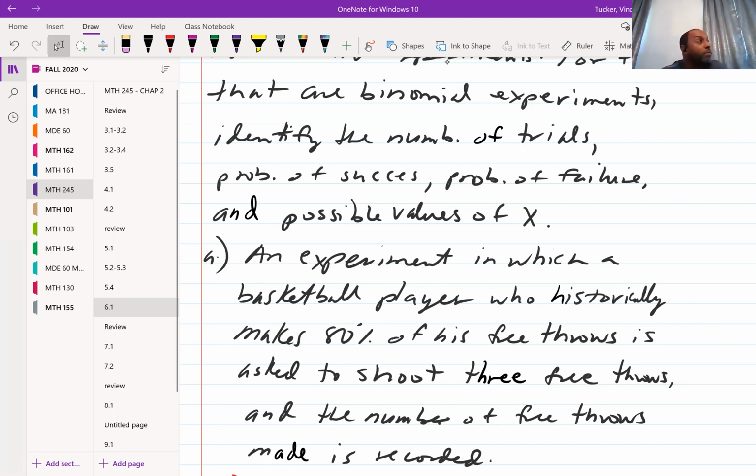All right, so we want to see if this experiment is a binomial probability experiment.